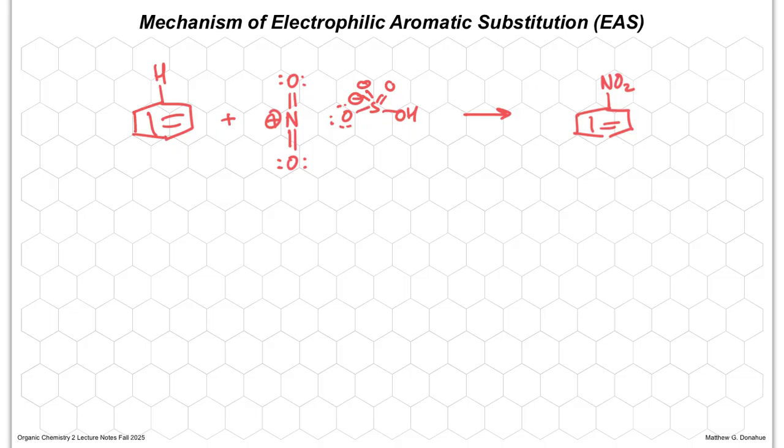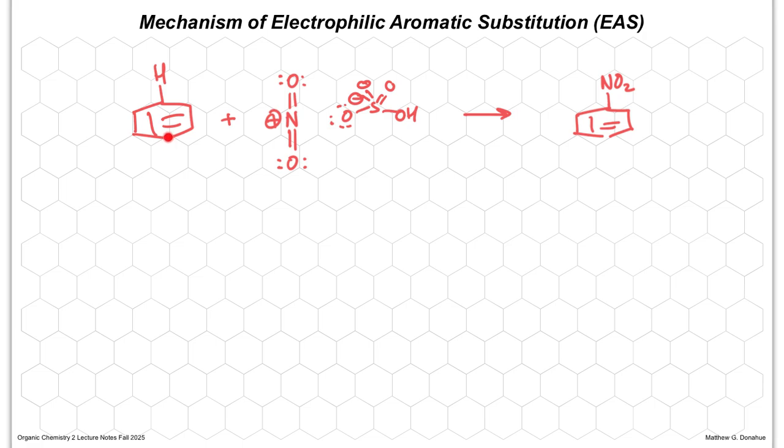So I'll give one example of the mechanism. By and large, the arrow pushing is the same if we consider the electrophile, the nitronium ion, can be any of those other things we've learned, like for the chlorination, the bromination, or sulfonylation. We have the electrophile.